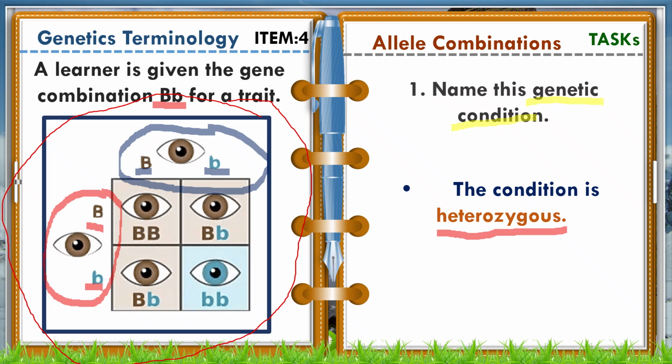That type of genetic condition is what we call heterozygous, meaning that the alleles are different. One allele is capital B, another allele is a small b. So they are different. That's where the word hetero comes from. Heterozygous: they are different alleles of the same gene of the same species.